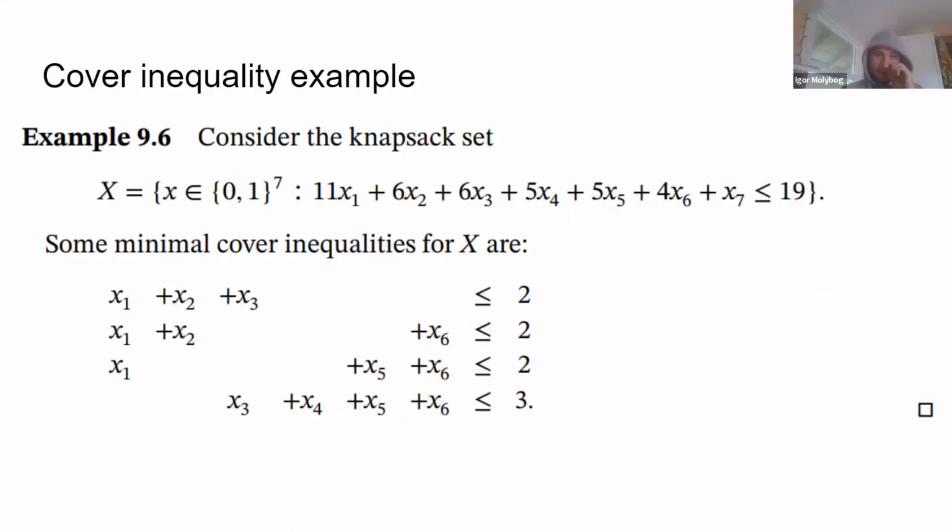Right. Yep. Then since it's a cover, we can create a valid inequality by saying that x1 plus x2 plus x3 is less than or equal to the cardinality of the cover set minus 1, which is 3 minus 1. And so that's our cover inequality. Exactly. Specific to the knapsack problem. Right. Yep. Exactly. Thanks. This is precisely what it is.